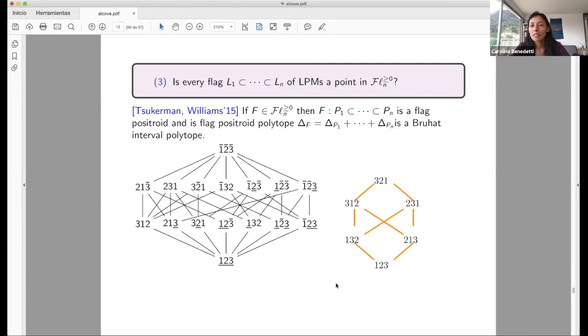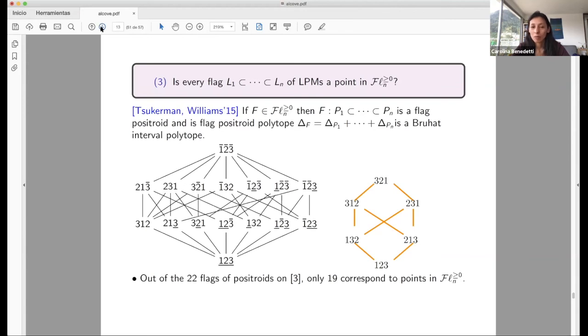So what that means is that here on the right, we have the Bruhat order on 3 elements, and each interval in the Bruhat graph corresponds to a flag of positroids. So at least by counting in this case, on the left-hand side, you have 22 maximal chains. On the right-hand side, you have 19 intervals.